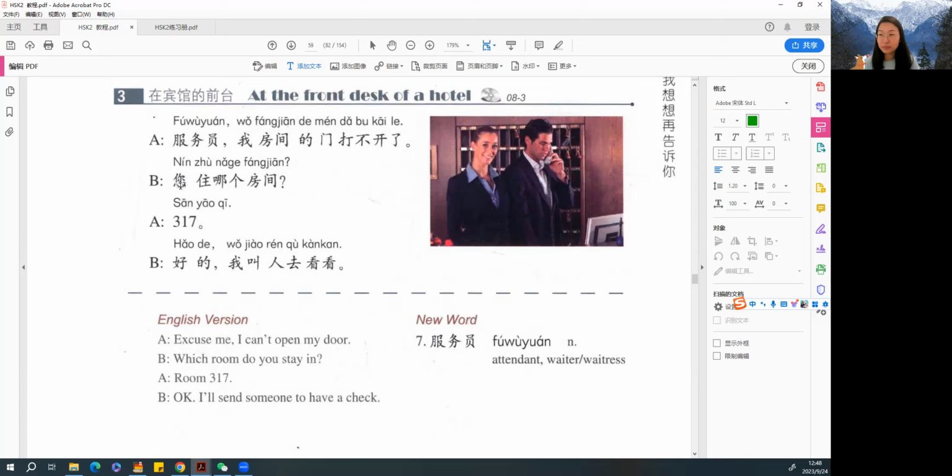All right, so here, 您 is a very respectful expression. In German we have du and Sie, right?